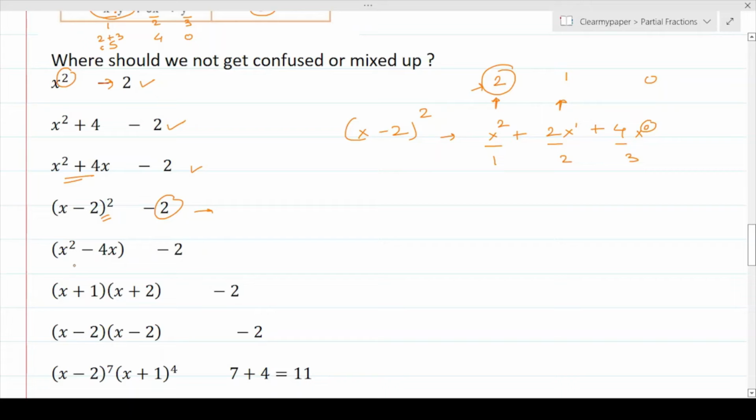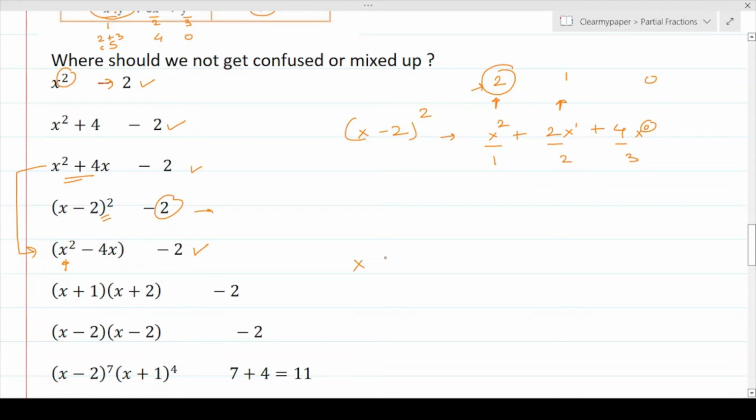Now the same thing over here, we have x square minus 4x. This is the same example as this. The only thing is, in between there is a minus sign, but the highest degree is in the first term itself, and hence this degree also is 2. Coincidentally all the degrees are 2, it is just by coincidence, but you can understand the drift where we are going. Now we have (x plus 1) and (x plus 2).